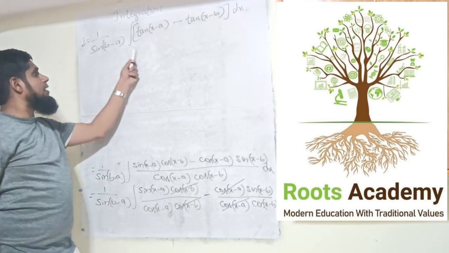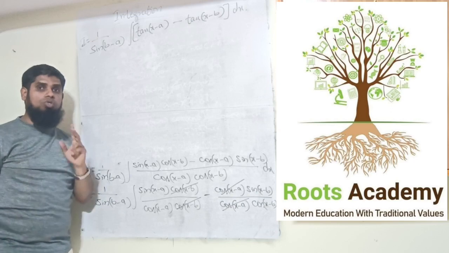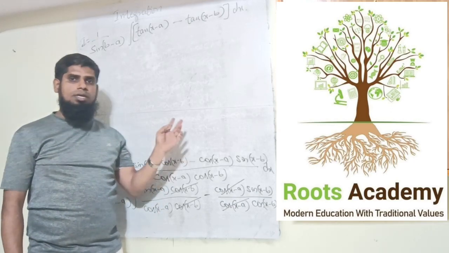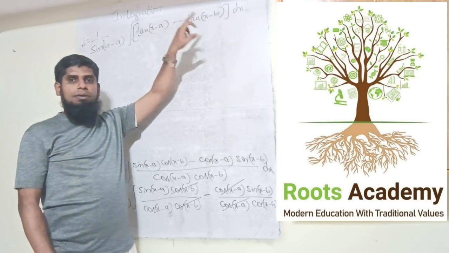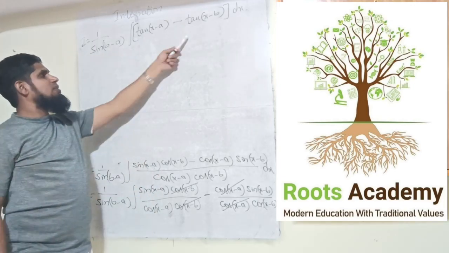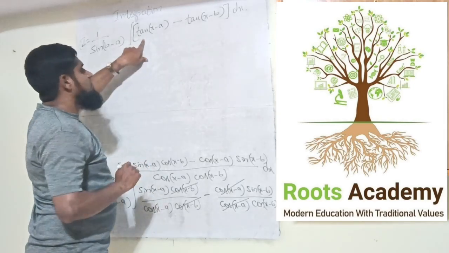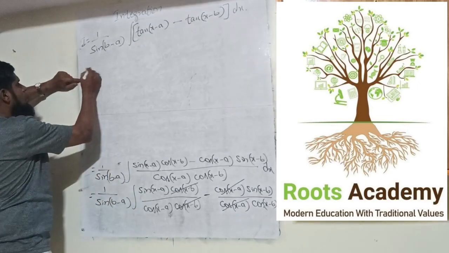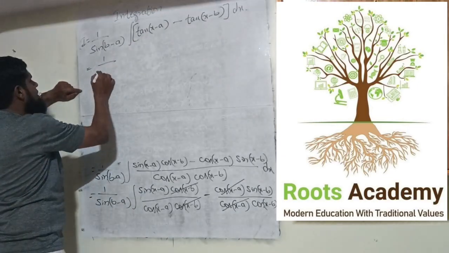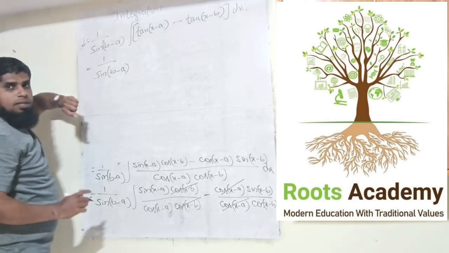Both are tan terms under the integral, and we know that the integration of tan exists, and it has two formulas. First is minus log cos x, and second is plus log secant x. I prefer the positive formula here, but negative is also correct. Both are exactly correct formulas, but I take the one with log of secant. With it I will take 1 by sine of b minus a.